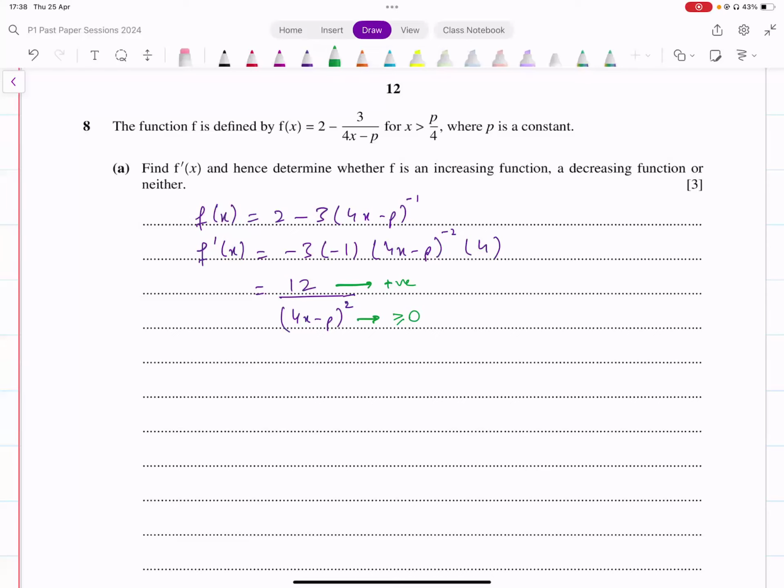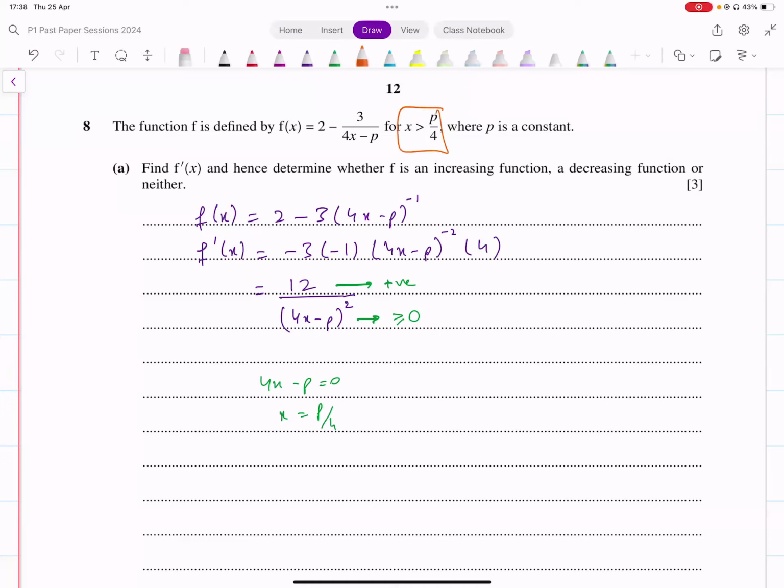Now, if it was 0, the derivative would become undefined, right? And you can see it's also not equal to 0 because the question tells you x is greater than p over 4. So the denominator would only be equal to 0 if x was equal to p over 4. And that's not something that can happen given the domain that we're given in the question.